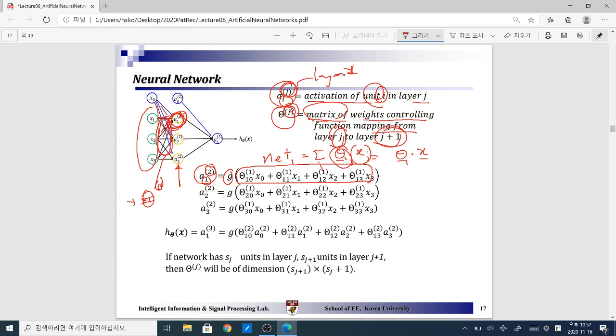So I'm going to actually put 1 there to denote that it would be all of these weights that go to, say, unit 1. So I should also note that this is at, say, layer 1.